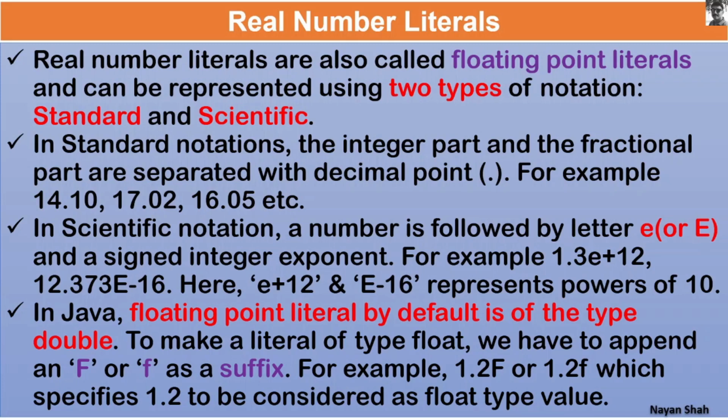That means now 1.2 will occupy only 4 bytes of memory and it is considered as a floating point number. But if you write only 1.2, then it will be treated as double and it will occupy 8 bytes of memory. So this specifies that 1.2 is to be considered as float type of value.